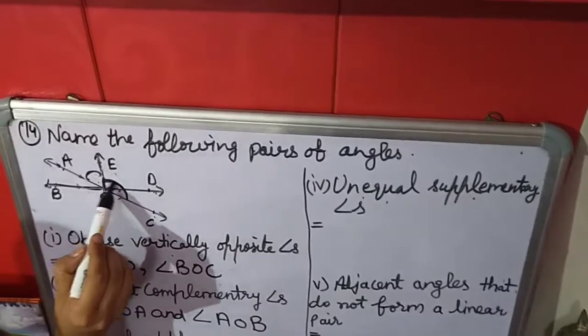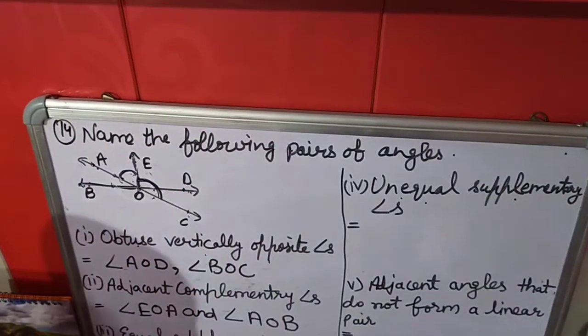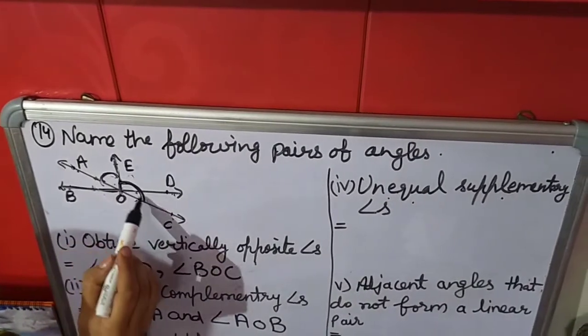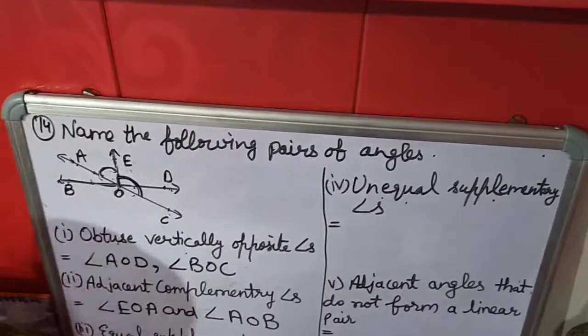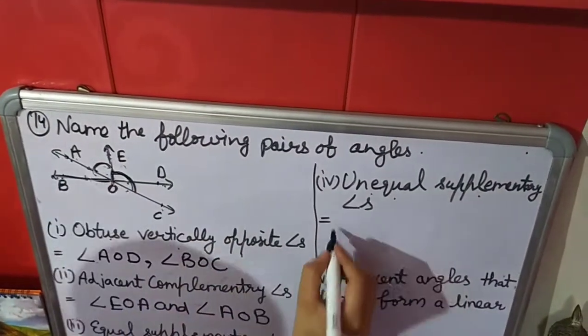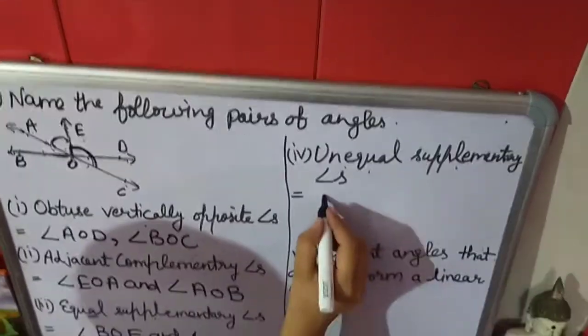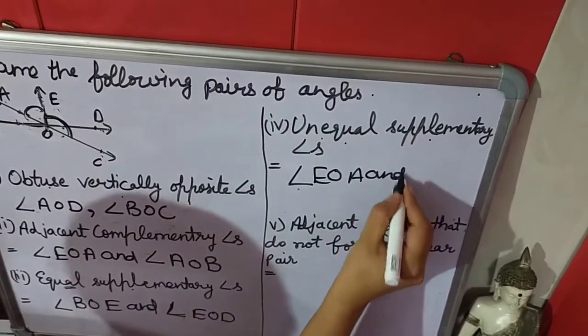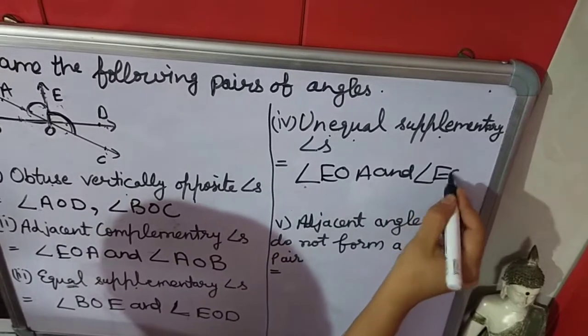One is big, one is small. Both are unequal and both angles are on a straight line. It means it is a supplementary pair. So there is angle EOA and angle EOC.